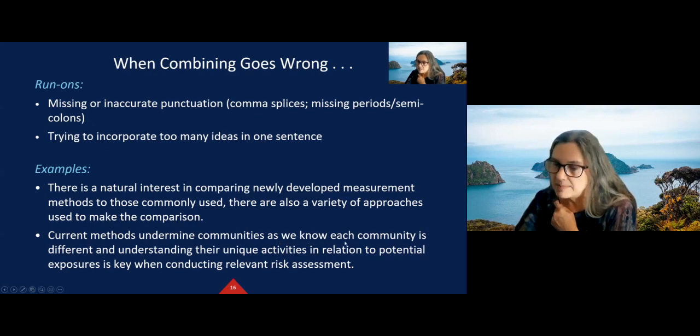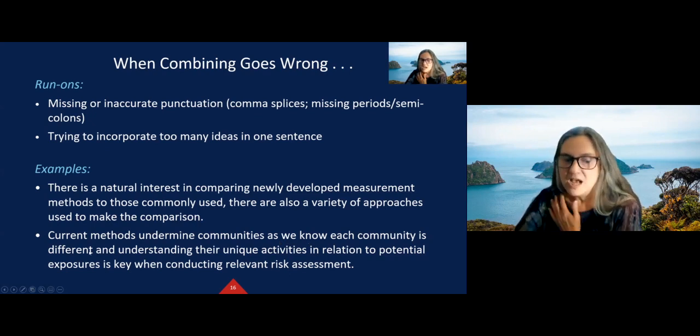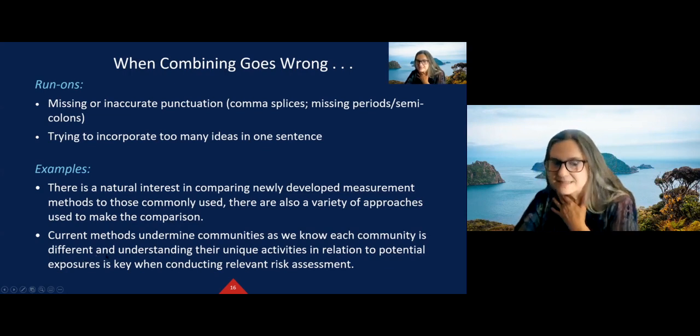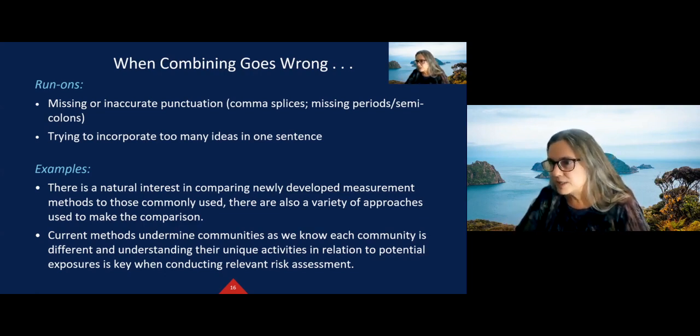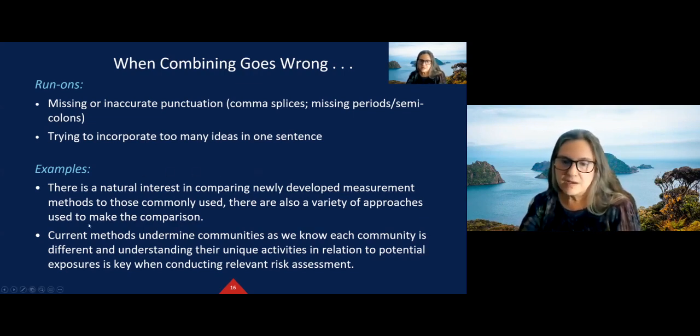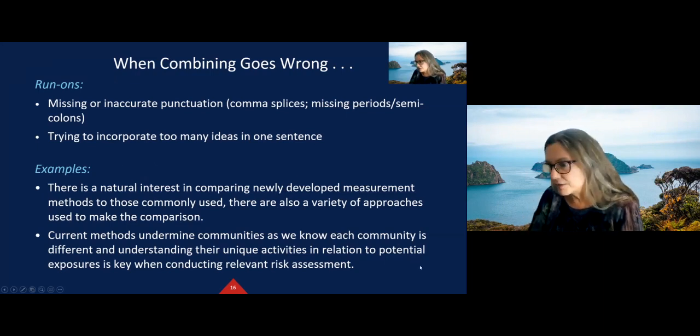So: as we know, comma, each community is different, comma, and, so comma conjunction, understanding their unique activities in relation to potential exposures is key when conducting relevant risk assessment. So just adding two or three bits of punctuation changes the meaning so drastically, and your reader can follow along with the flow. These are patterns that can interrupt flow and clarity, obviously.